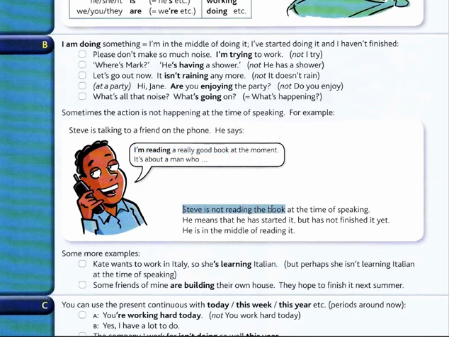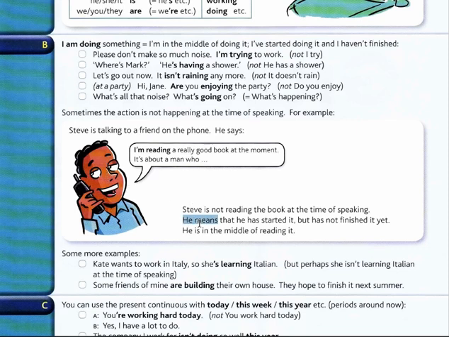Steve is not reading the book at the time of speaking, when he's speaking on the phone.